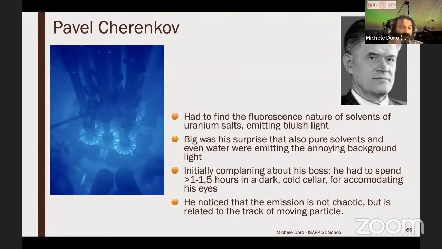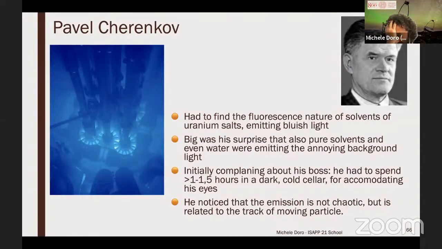This was thought to be impossible until a PhD student, as you are now, called Pavel Cherenkov in Russia. He had to study the nature of some blue lights in some material. That was the task of his thesis given by his PhD tutor.